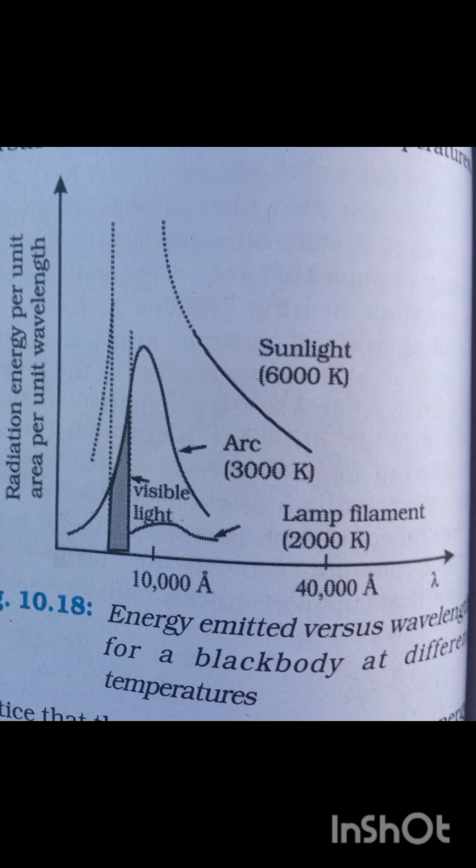So the most important feature of black body radiation is that it is universal. It depends only on the temperature of the black body, irrespective of the nature of the material, size and shape of the black body.